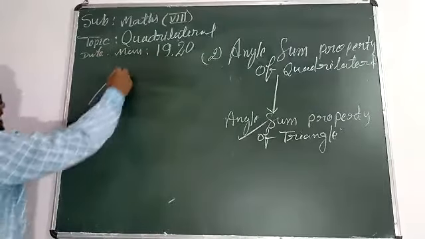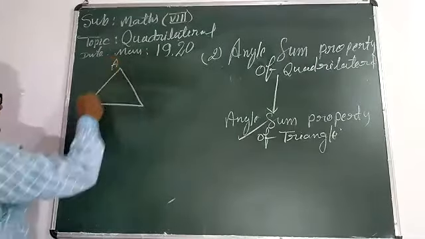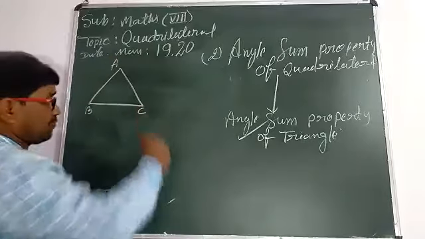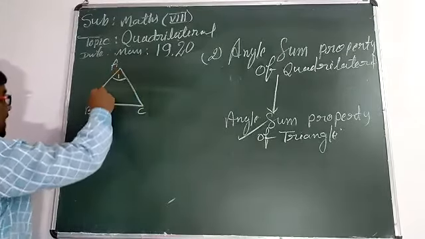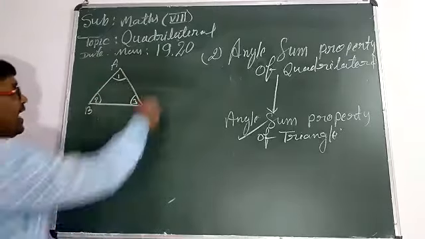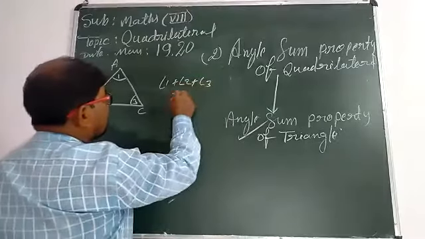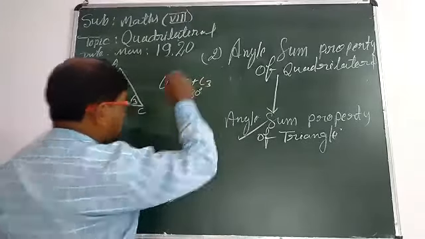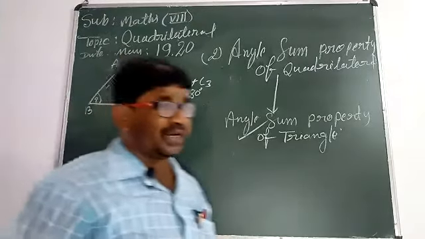Do you know the triangle? This is a triangle. Suppose that this is triangle ABC. Do you know the sum of all three interior angles here? Angle 1, angle 2, angle 3. Angle 1 plus angle 2 plus angle 3 is equal to 180 degrees. In class, we should check this theorem, how we can prove it.